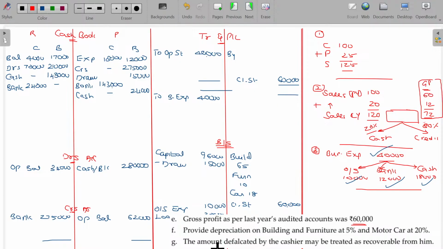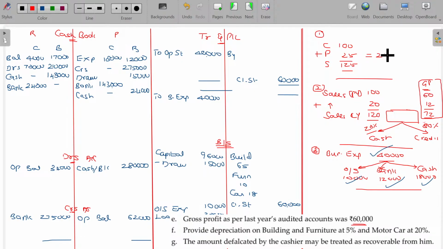Clear? Hope now you'll be able to guess this. Gross profit as per the last year's audited account. Last year's account shows the GP being 60. Compared to the previous year, this year sales increased by 20%. We assume the same sales and cost ratio is maintained this year also, so the GP increases by 20%. We got the increase being 12,000 rupees.